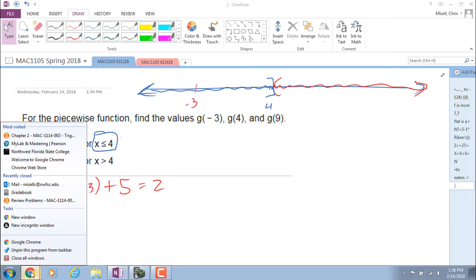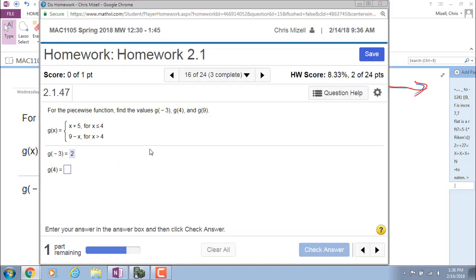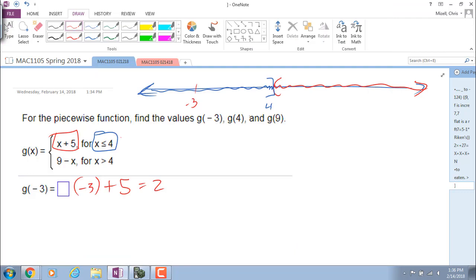What is the next one? I better look. G of 4. What is g of 4? I guess it told us. They're all three right there. G of 4 equals, okay, 4. That's right on the boundary there. Is 4 less than or equal to 4, or is 4 greater than 4? 4 is less than or equal to 4.